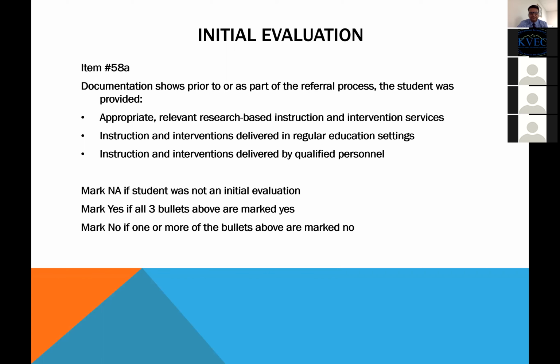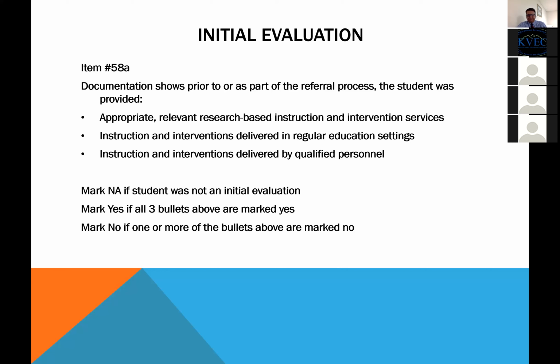On 58A, this is where we go into our initial evaluation. We're looking at all this documentation that we have to have before we do the initial evaluation. We must make sure that all these pieces are visible, that we can see these things. We just can't go by your word. So on 58A, documentation shows prior to or as part of the referral process, the student was provided appropriate relevant research-based instruction and intervention services, instruction and interventions delivered in the regular education setting, instruction and interventions delivered by qualified personnel.